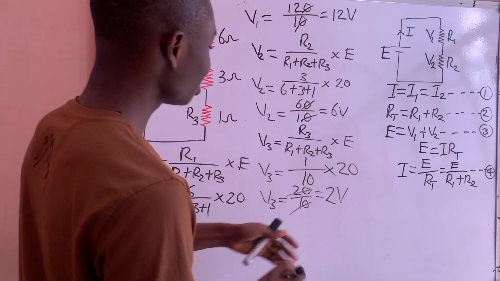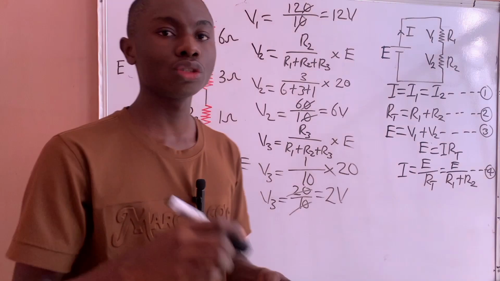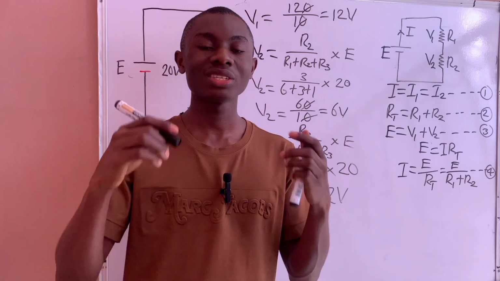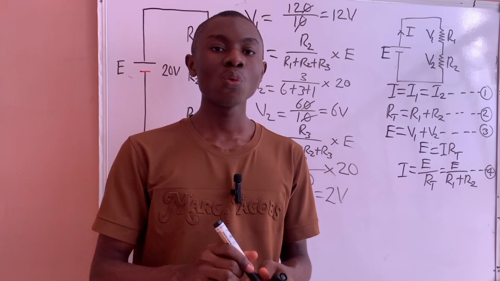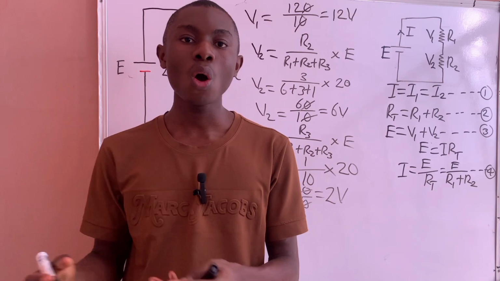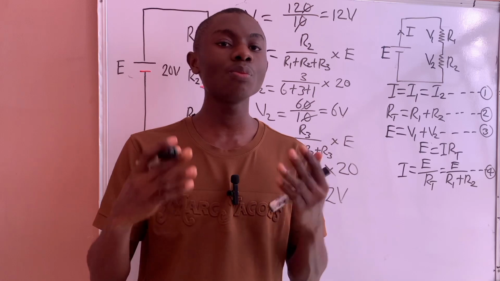So the voltage is the same, and this is the easiest way to find voltage drop across a resistive element in a series circuit. So drop in the comment section which method is the simplest. Is it Ohm's law or the voltage divider rule? Because to me, the voltage divider rule is the simplest method.